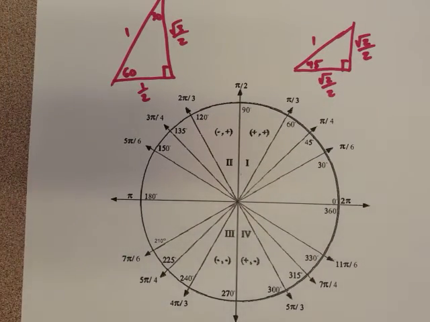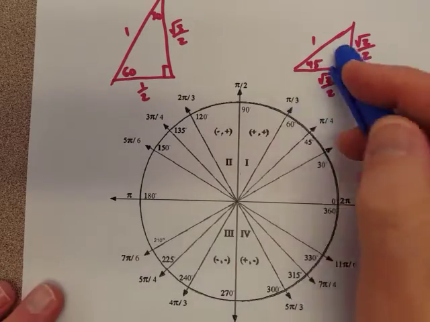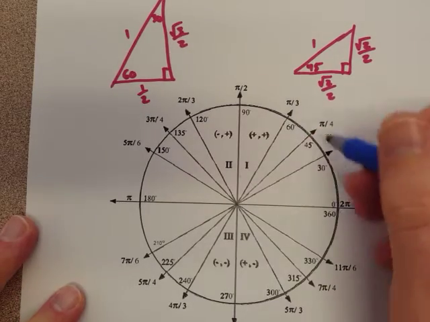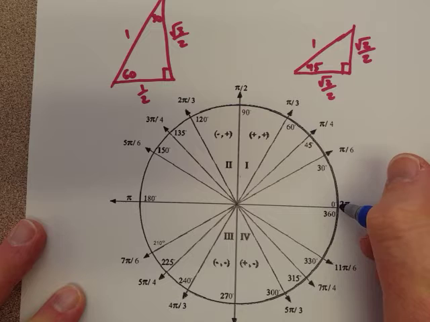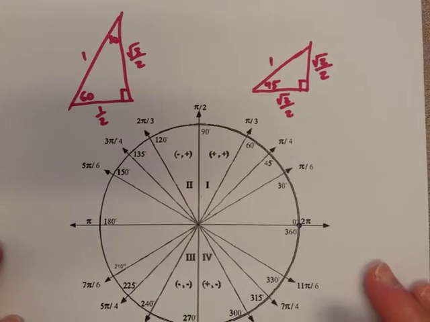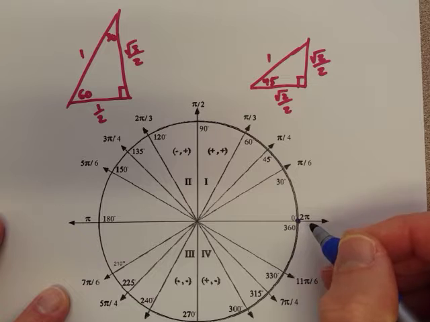So what we're going to do right now is start to fill in some of the coordinates in this circle using these right triangles. Let's start with just the first quadrant and going up here. This point right here is our starting place for any angle. That's the 0 angle in radians or degrees, and we want to establish a point with that.